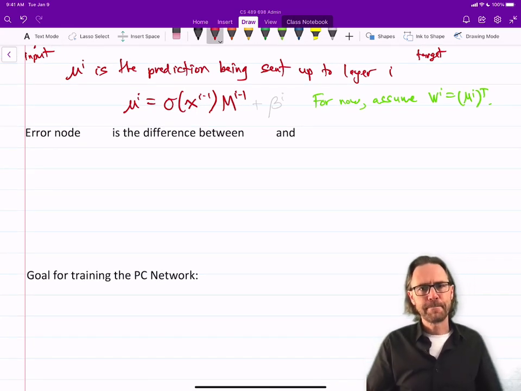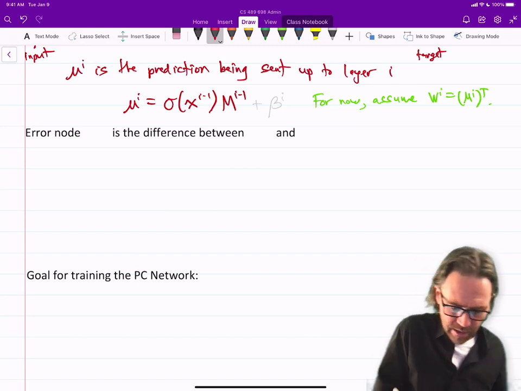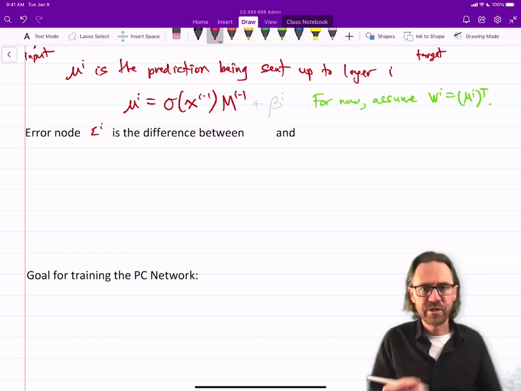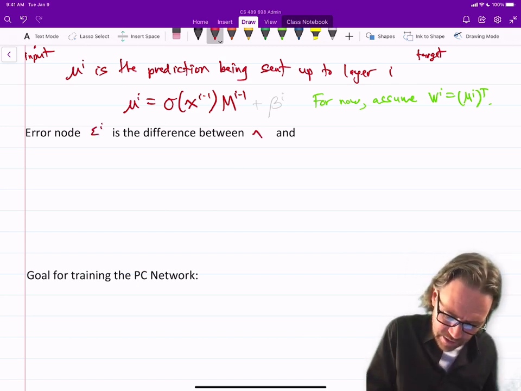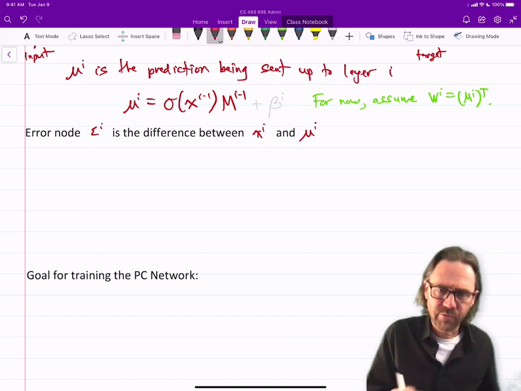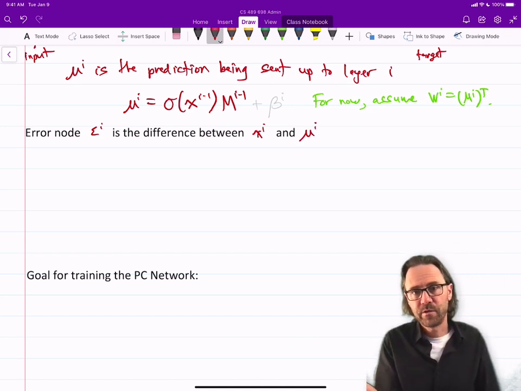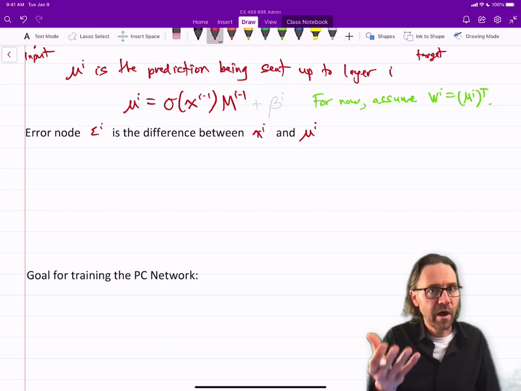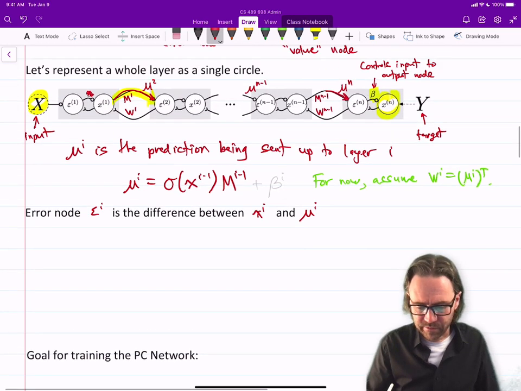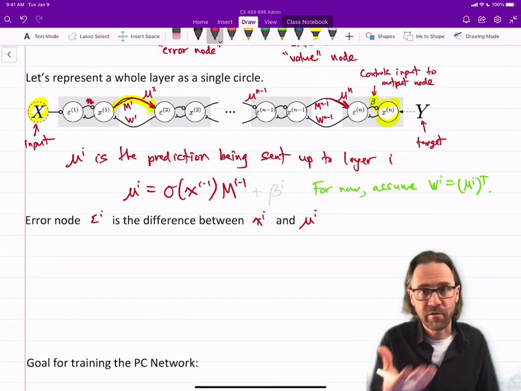Okay. Now the error node, epsilon I, is the difference between xi and mu I. So remember, mu I is the prediction being sent to layer I, but layer I already has a state, xi, or a value.